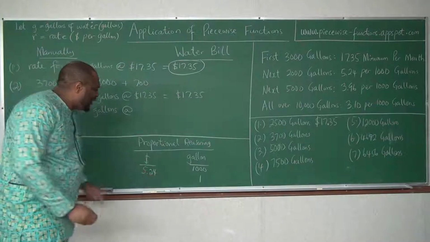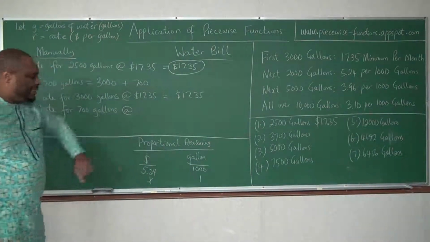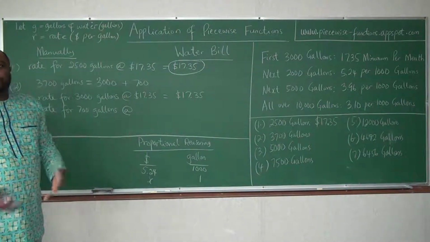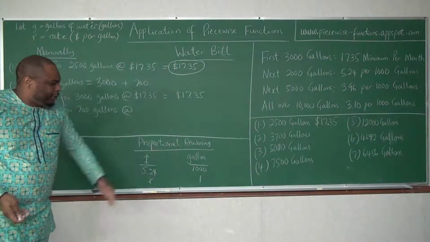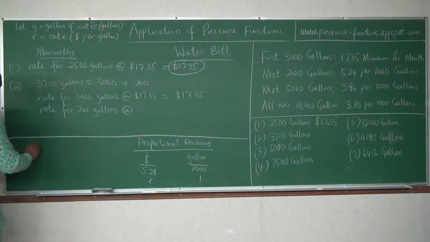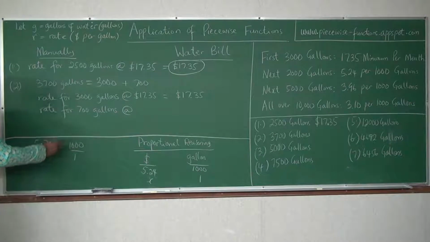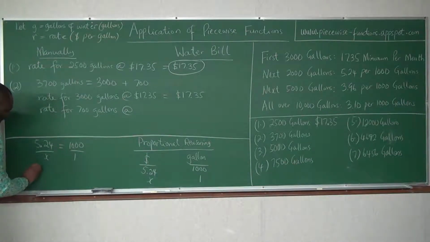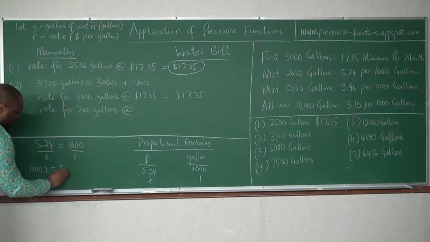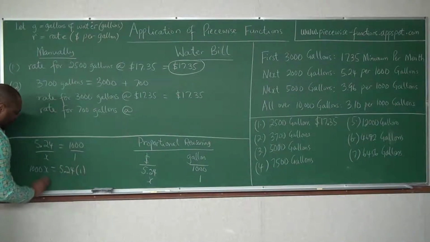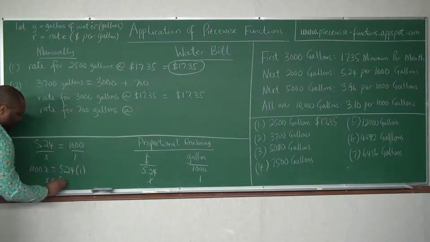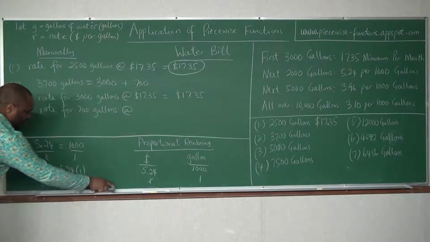So for 1 gallon, you can say X. Or you can easily do 5.24 divided by 1,000. With proportional reasoning, 5.24 over X is 1,000 over 1. You can do cross product. So 1,000 times X is 5.24 times 1. So X is 5.24 divided by 1,000. And that will give us what?